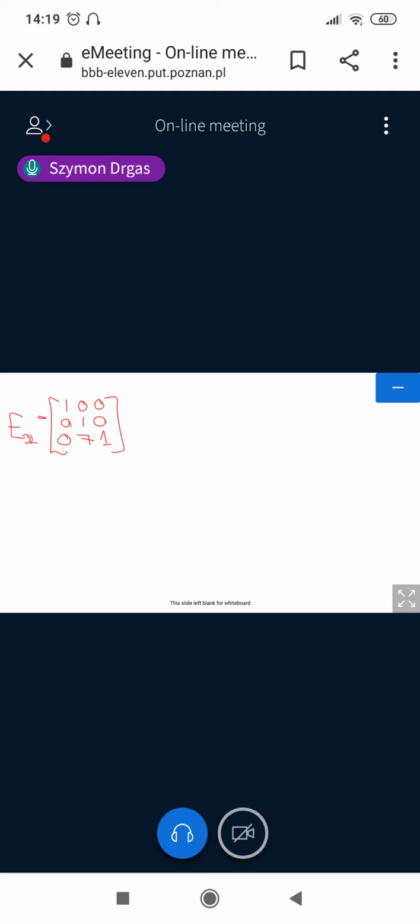And how about this third example where we have to write matrix P which exchanges rows 1 and 2. So do you have ideas how to write this kind of matrix?